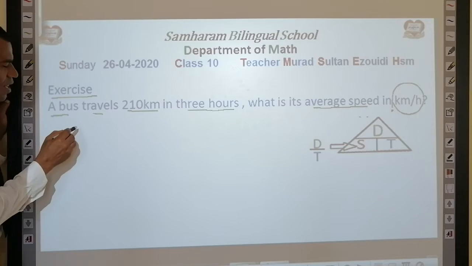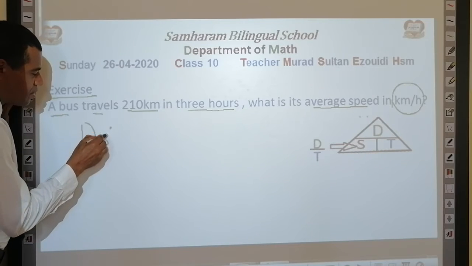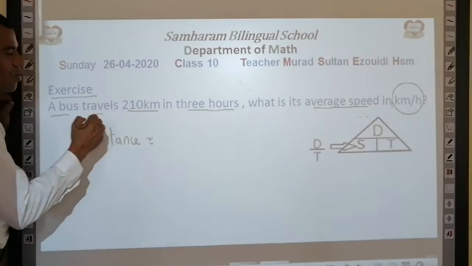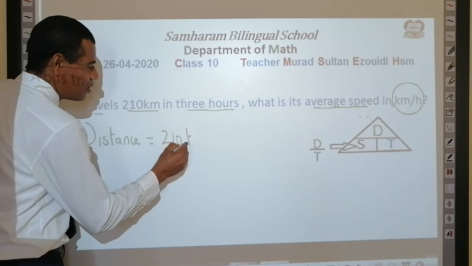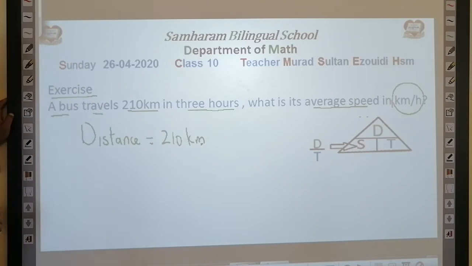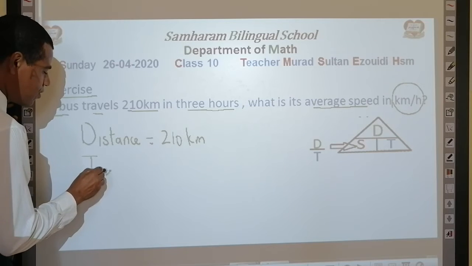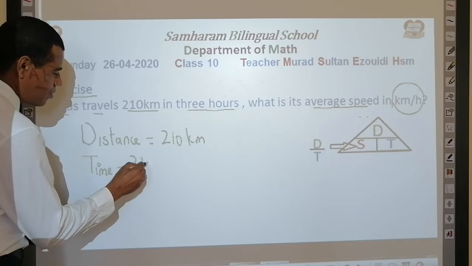We have the distance equal to 210 kilometers, isn't it? And what about the time? Time is equal to 3 hours.